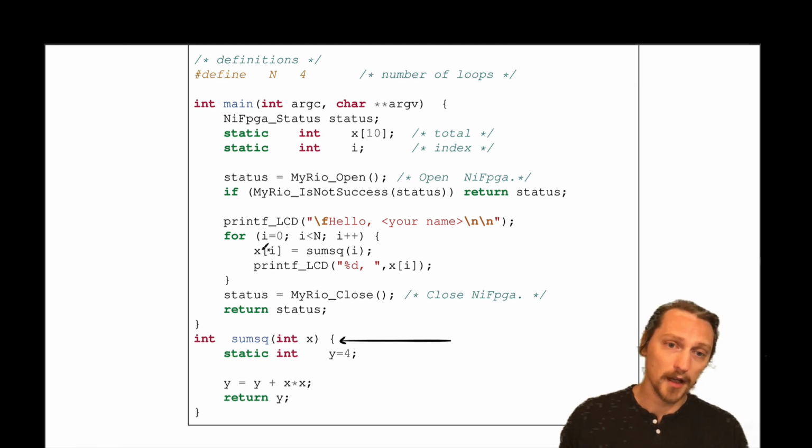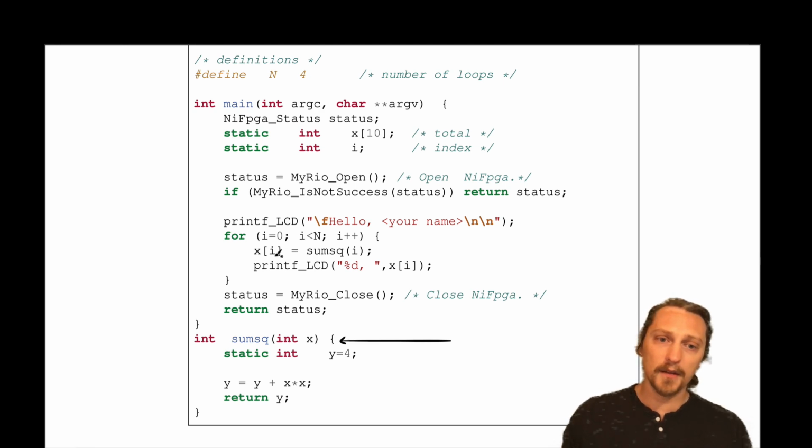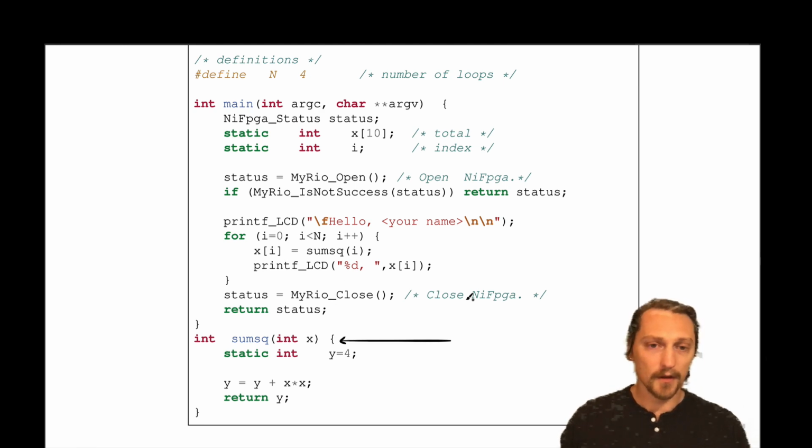You are going through this loop, calling this function and assigning the output of that function to these array variables, x at the ith index, printing that value to the LCD screen, and then after you do that, you'll close your connection to the MyRio and return the close status as the output of the main program.